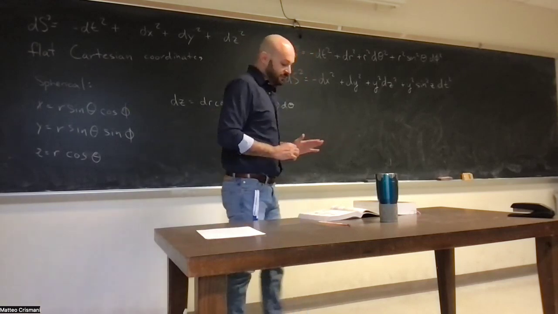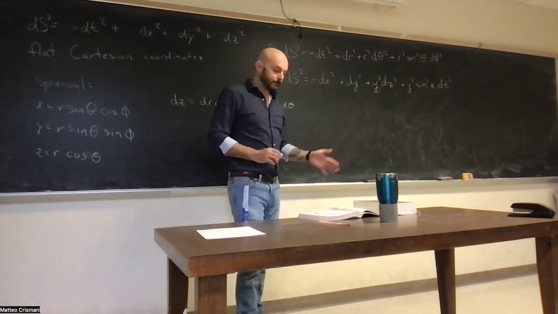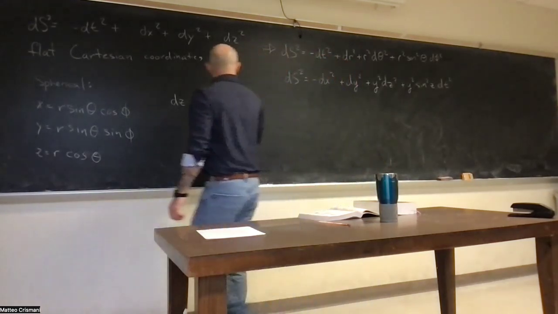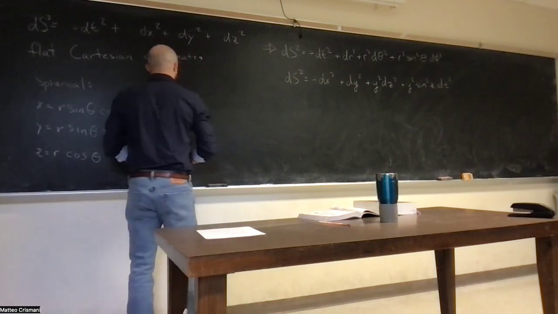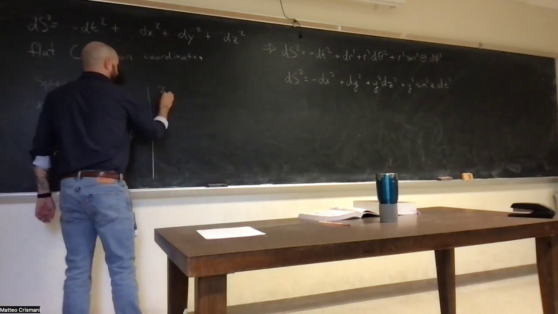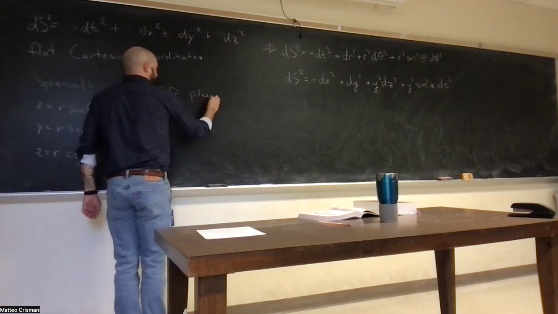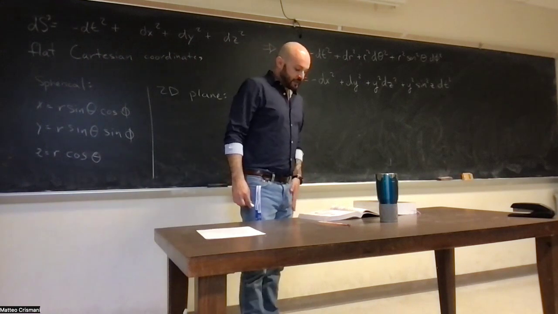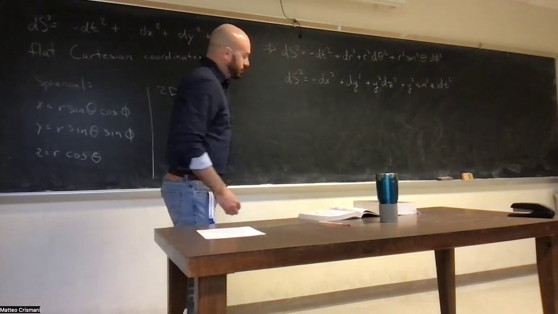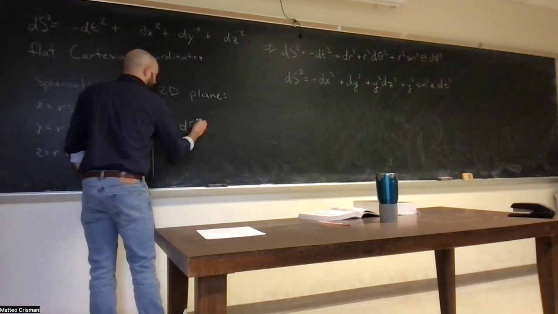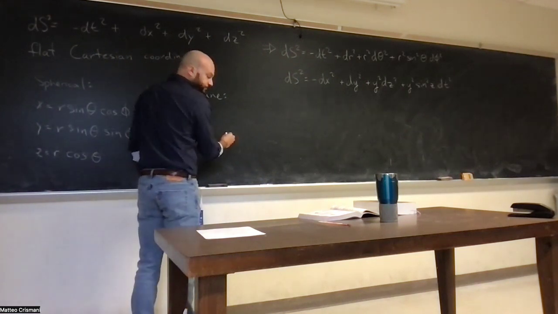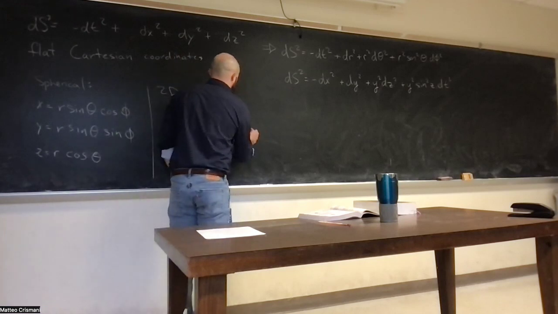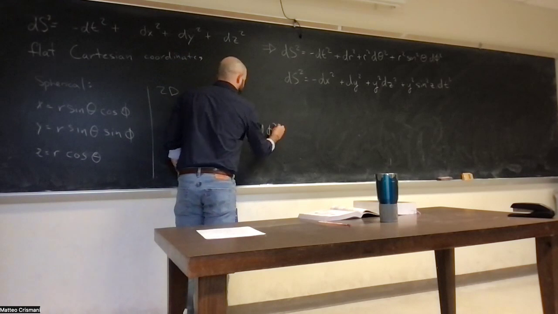Let me show you an example of this. We're going to use a two-dimensional plane. So here's the 2D plane, and in this 2D plane we're going to write ds squared as dr squared plus r squared d phi squared.